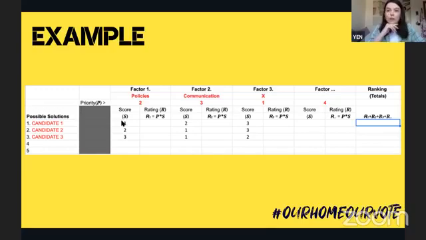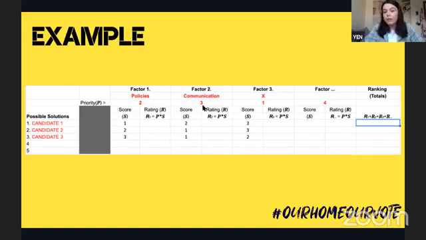Think about it like, if you win a race, the person who comes first is always the winner. So that's the way to think about this. So 1 is the best. But candidate 3, for example, had maybe really bad policies, so they got a 3, which is the rating is out of 3. It could be 1, 2, or 3, depending on how good they are.